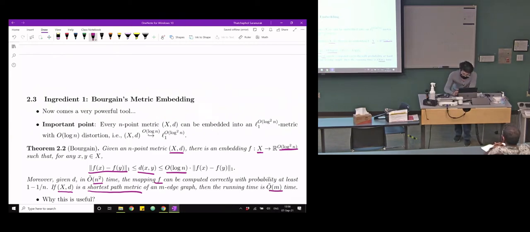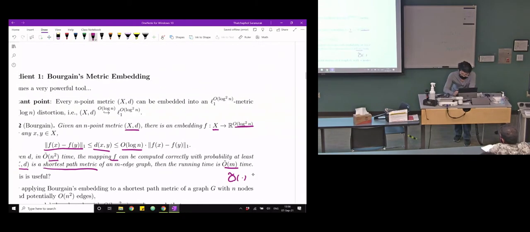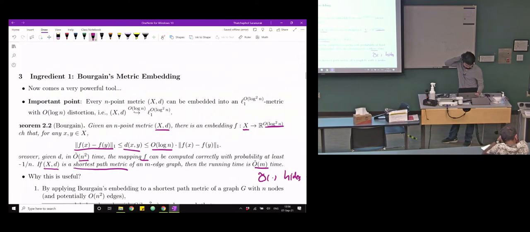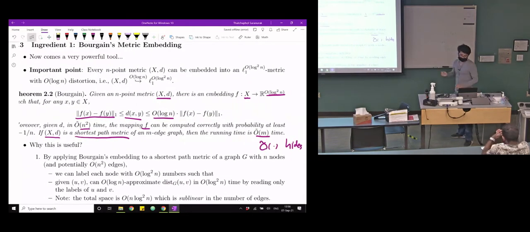By the way, throughout the course, I will use O tilde to hide the polylog factor. So just by this statement, you can see that this can be quite useful.